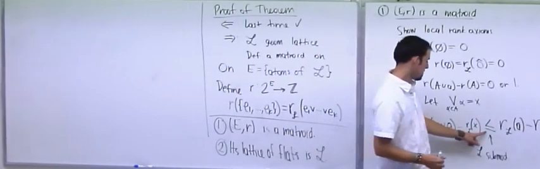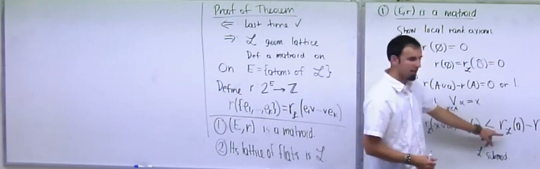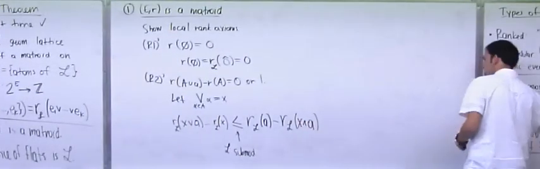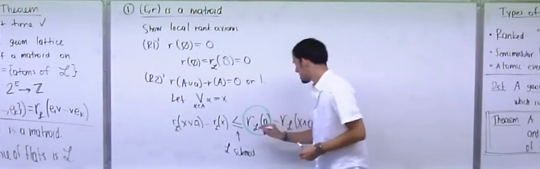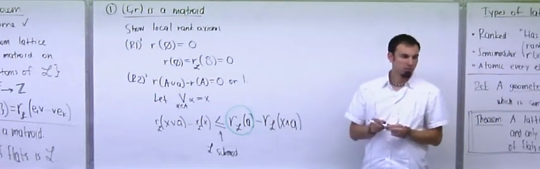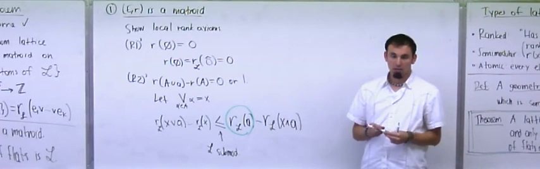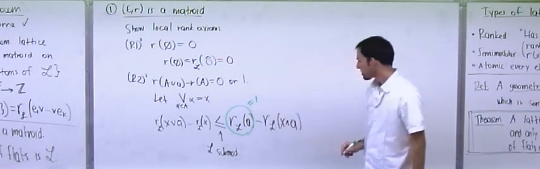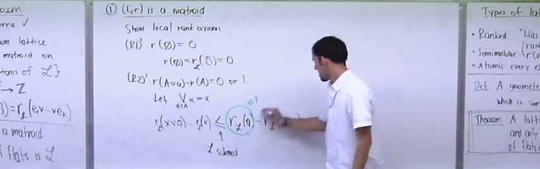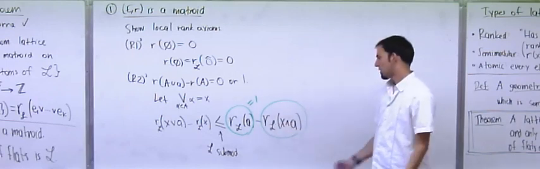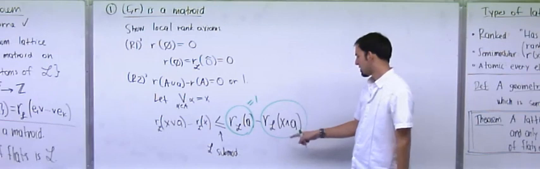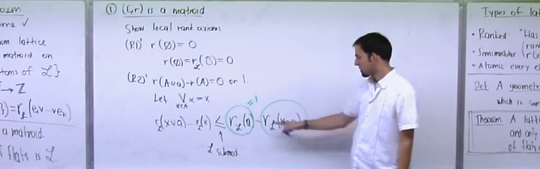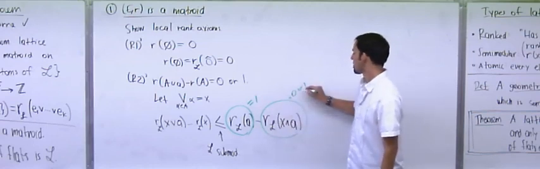And now, what can you tell me about the right-hand side? Well, what is this number? The rank in the lattice of a. Remember, a is an atom, and so atoms have rank 1. So this is 1. What can you tell me about this guy? Well, it's smaller than a, right? It's a meets something. So it's below 1. It's either 0 or 1.